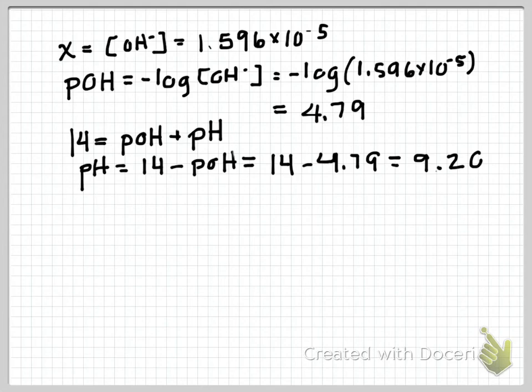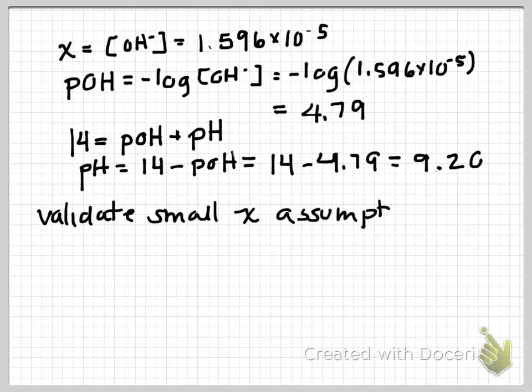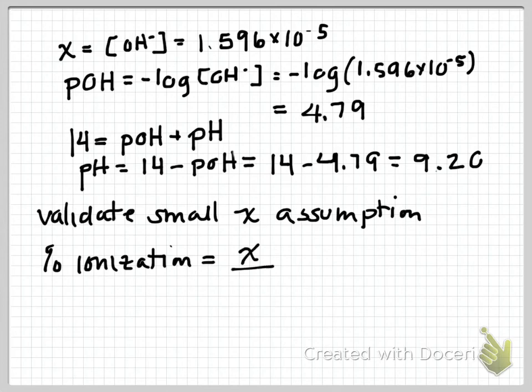Lastly, we have to validate our small x assumption by calculating our percent ionization, and that is equal to our x divided by our initial base concentration times 100.